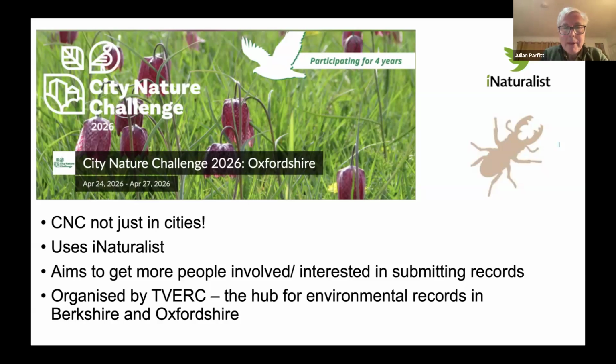So they have a very keen interest in trying to get more of nature recorded on the basis that if we have a better idea of what's where, there's more chance of protecting it, monitoring how it's doing, and warning of potential impacts of developments of one sort or another.